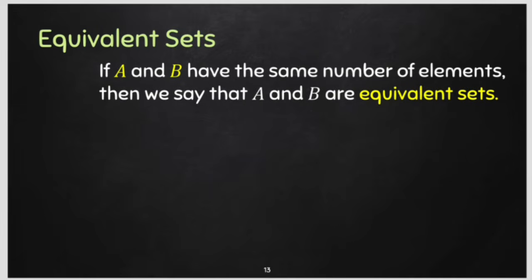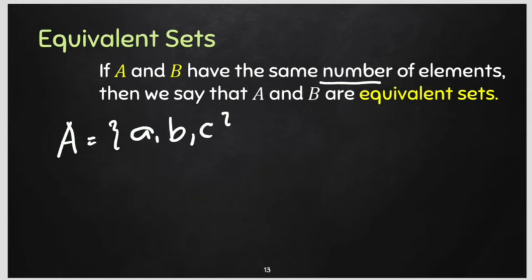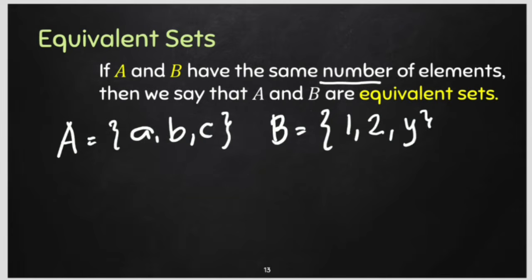Equivalent sets. It's different from equal sets. If A and B have the same number of elements, then we say that A and B are equivalent sets. So let's say, for example, A is {a, b, c}, and then your B is {1, 2, y}.